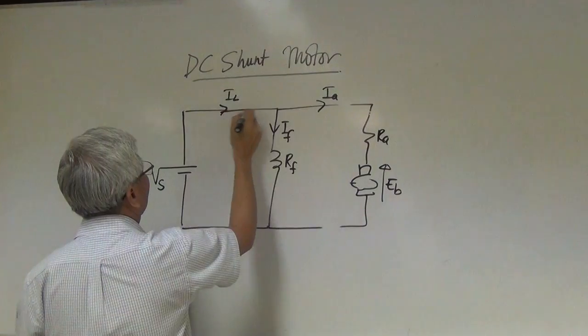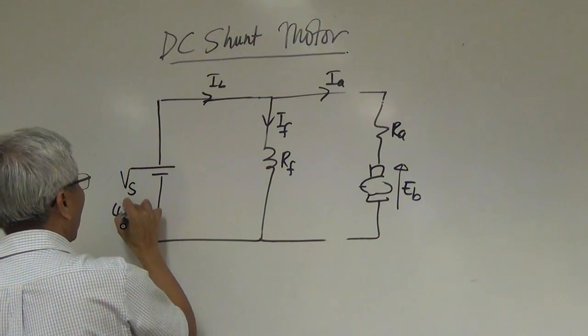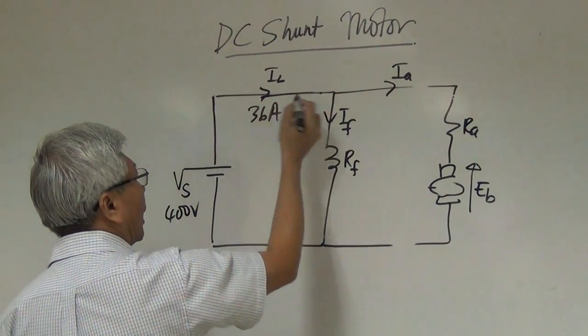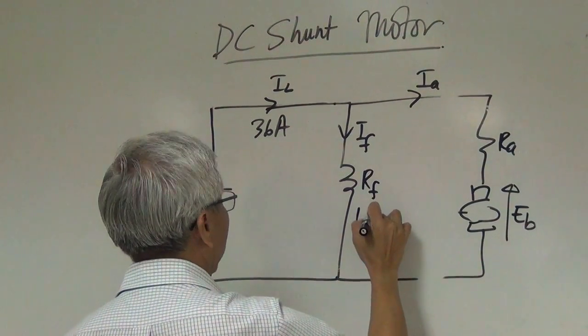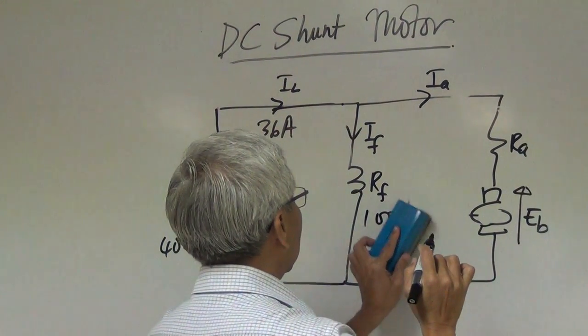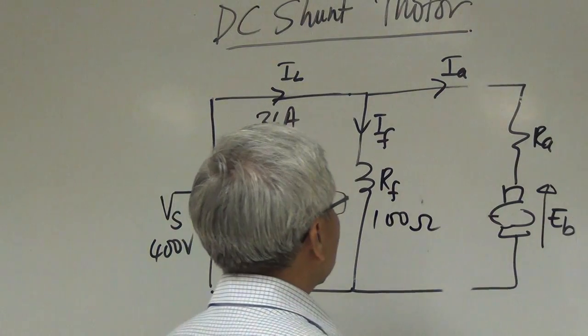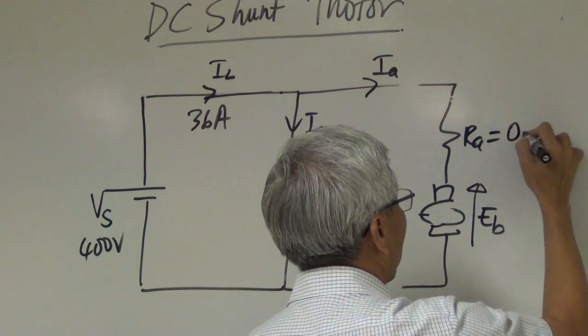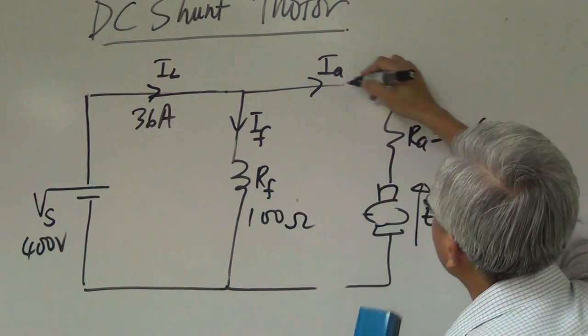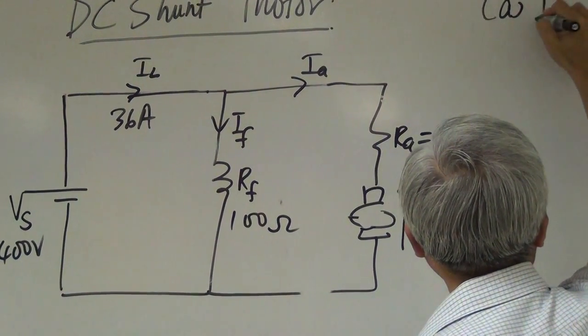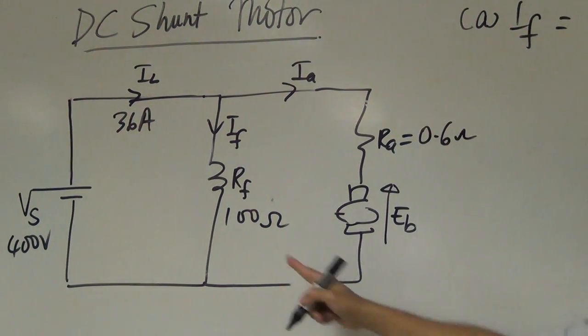Alright, I say this is equal to 400 volt, this is equal to 36 ampere, and this is equal to 100 ohms, and this is equal to 0.6 ohm. Part A, calculate IF. How?